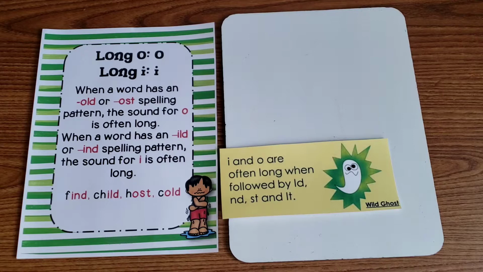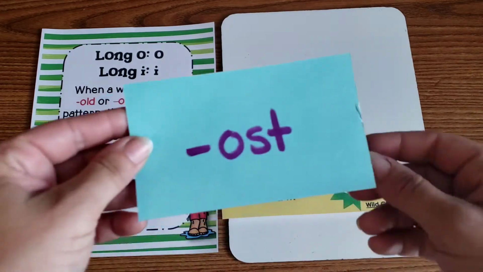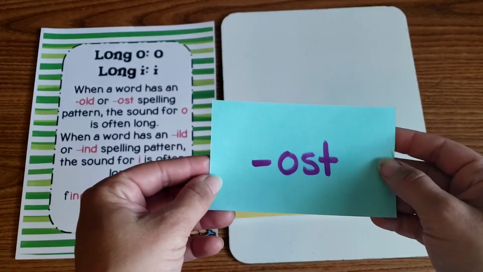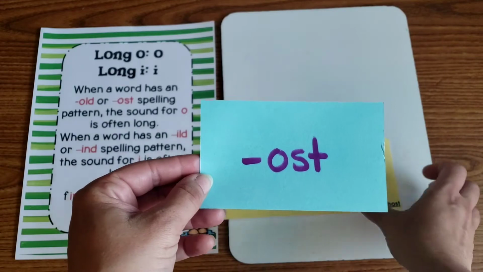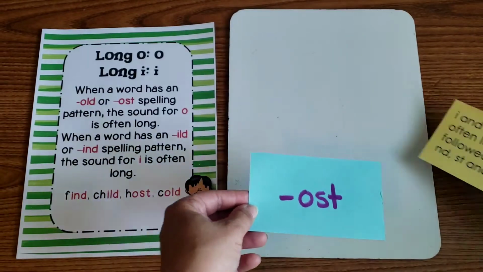So when a word has an OLD or an OST spelling pattern, then it makes the long O sound instead of short. So an example would be if it has OST, like post or most.